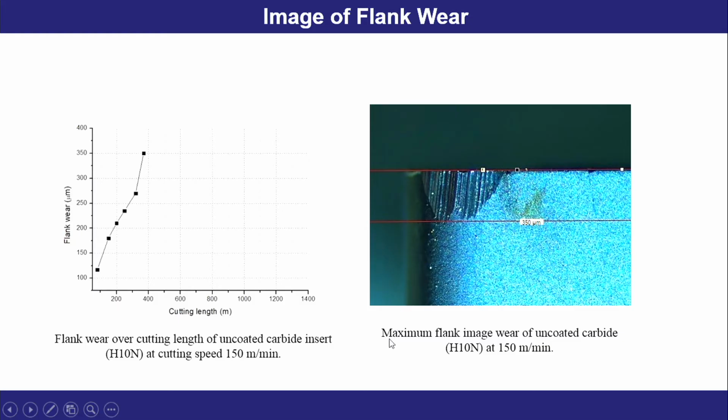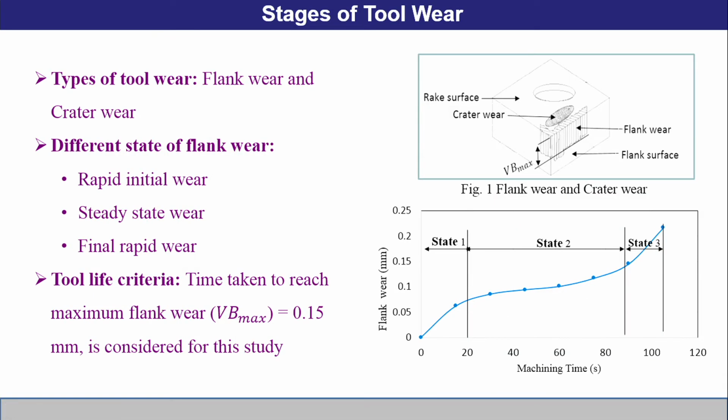Now, how do I model this cutting tool wear? I can model by fitting a polynomial, and from the experimental values I can find out the polynomial coefficients, and model the cutting tool wear.